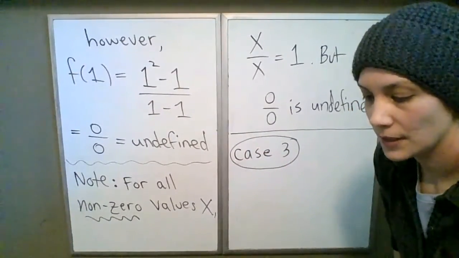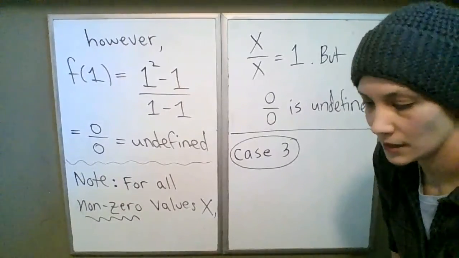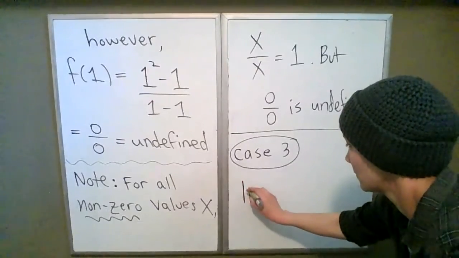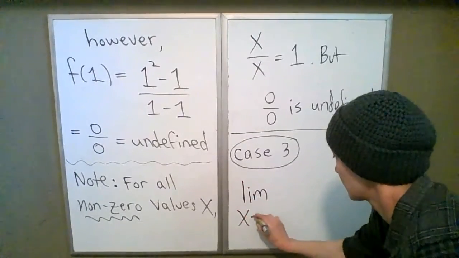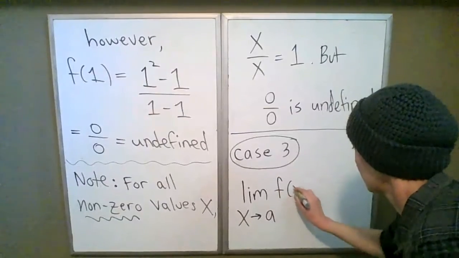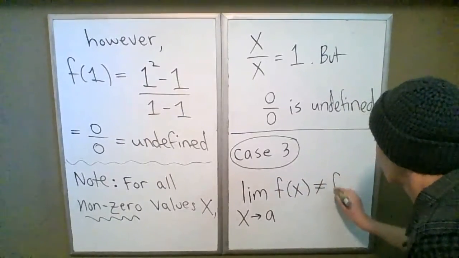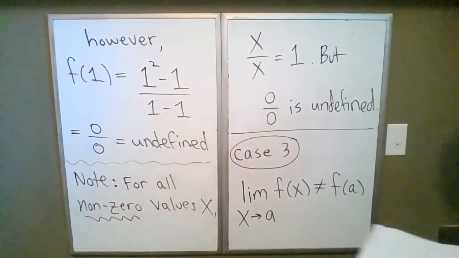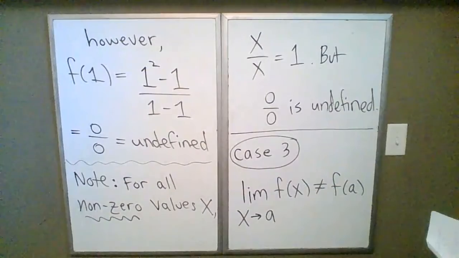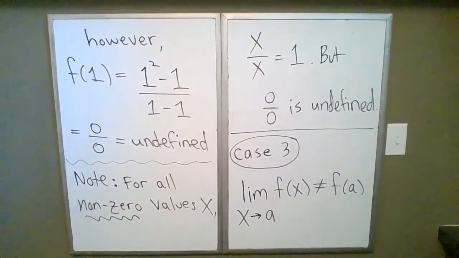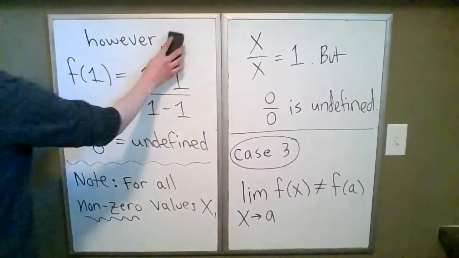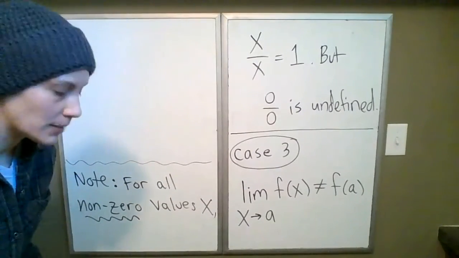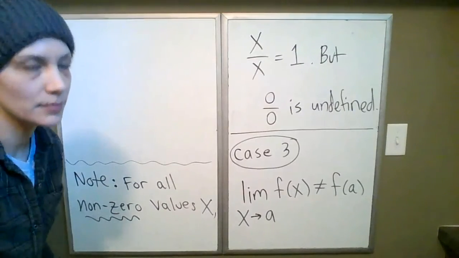The limit as x approaches a of f of x is not equal to f of a. I'm going to show you what the example is, and then when we come back, we'll draw the graph and we'll look at a limit.